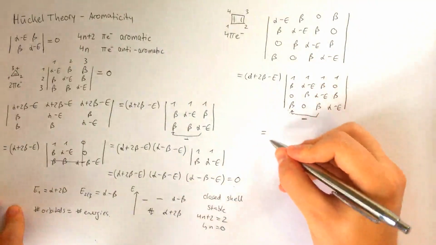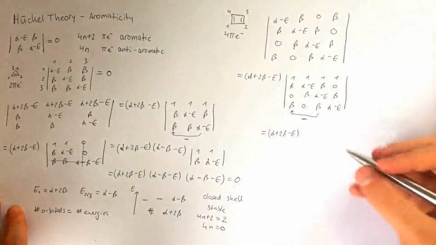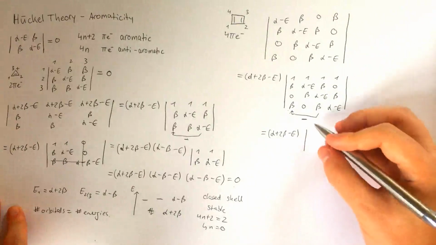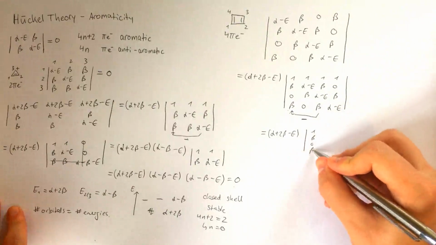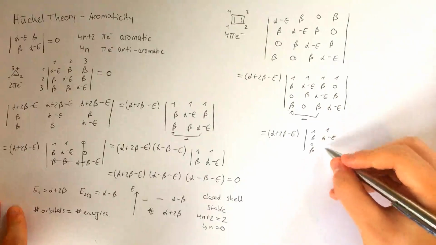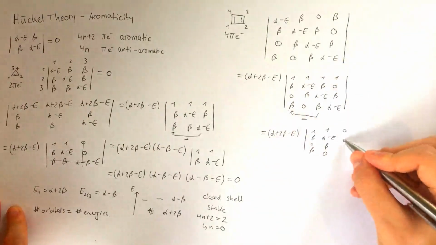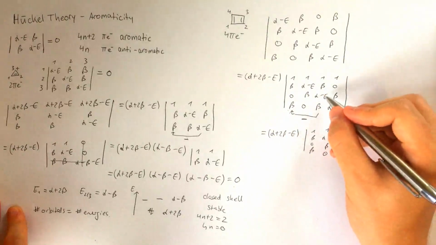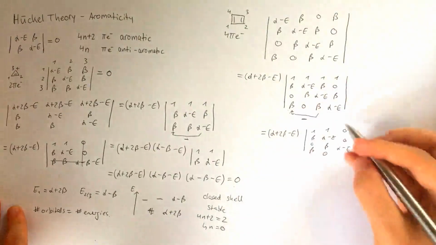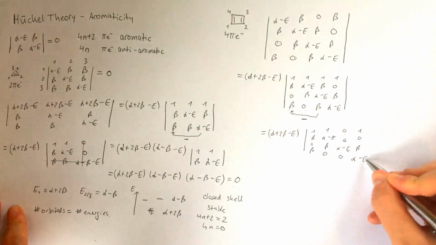So if I do that, I get alpha plus 2 beta minus E, as always. And then my remaining determinant will be 1, beta, 0, beta, 1, alpha minus E, beta, 0, and then I'll get 1 minus 1, 0, beta minus beta, 0, alpha minus E minus 0 is just alpha minus E, and beta minus beta is also 0, and then 1, 0, beta, alpha minus E.